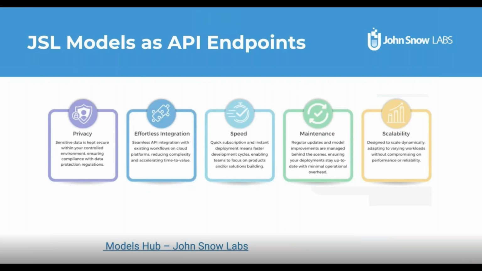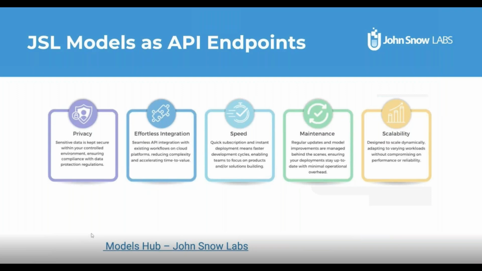You have the ability to run multiple endpoints and run batching operations, and everything is taken care of by the cloud provider. Depending upon your load, the auto scaling cluster can either scale down the number of nodes handling the requests, or scale back up, depending upon your needs. So these are the advantages of using JSL models as API endpoints.